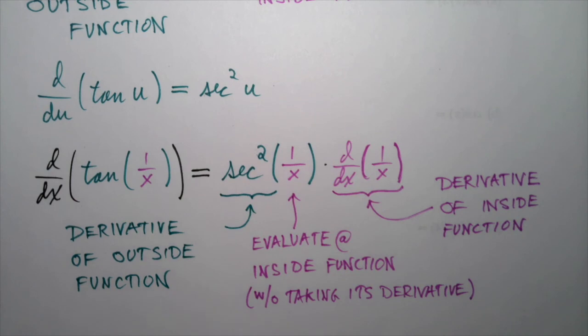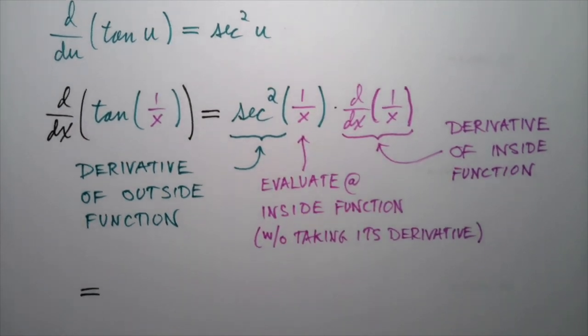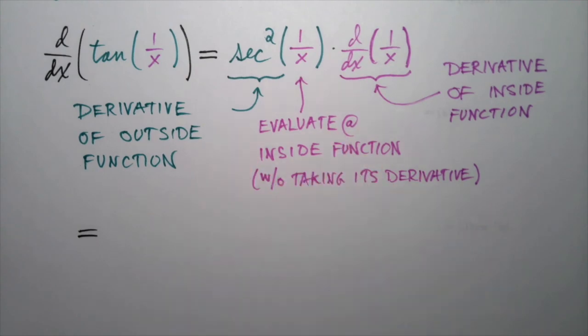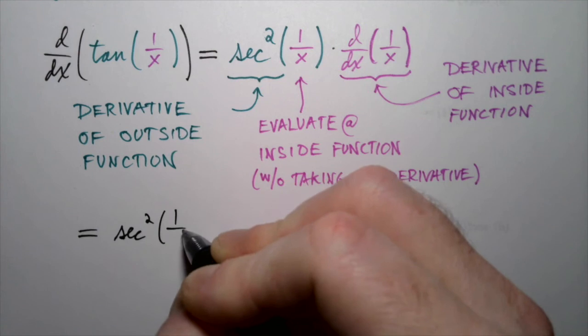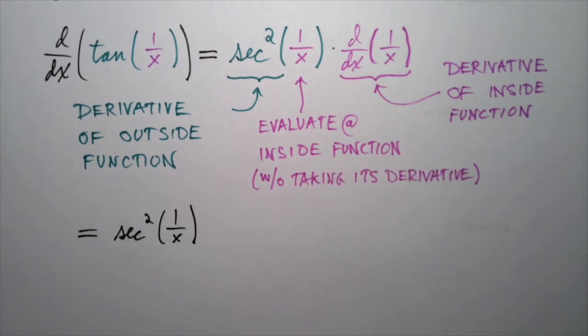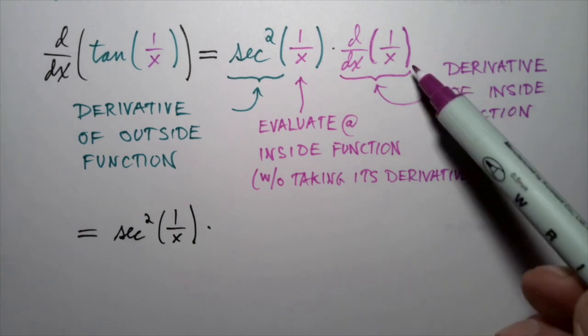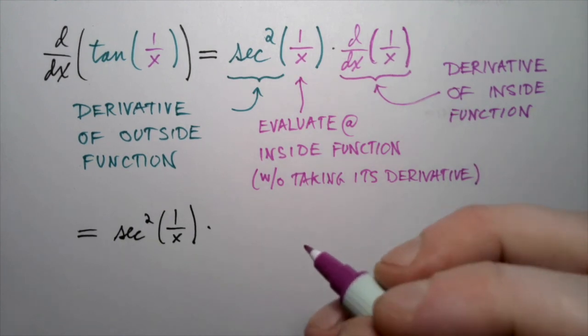Now let's evaluate. I'm going to go back to just using black ink for the parts that we've already done the work for. Okay, so secant squared 1 over x. That's not going to change at this point. I'm just going to leave it alone. But we still need to take the derivative of 1 over x, right? This part right here. What's the derivative of 1 over x?